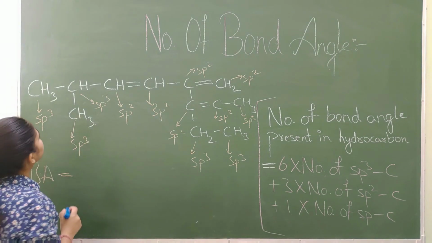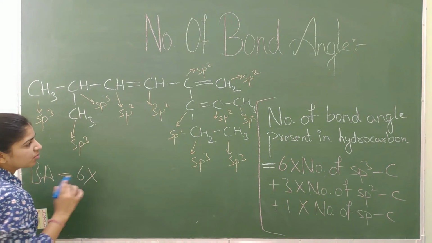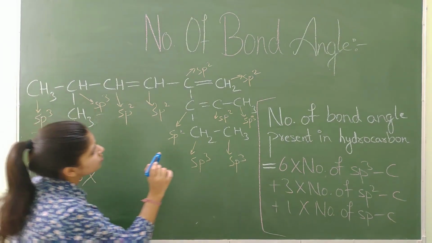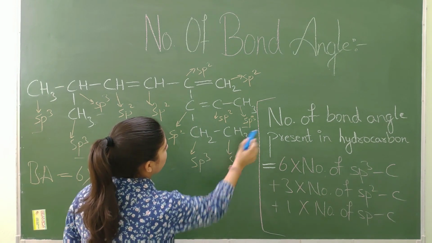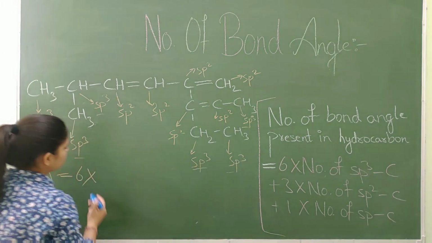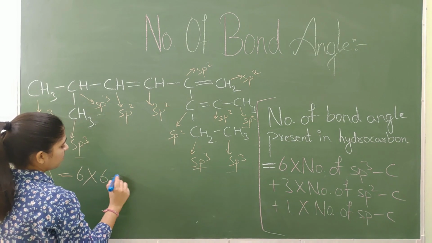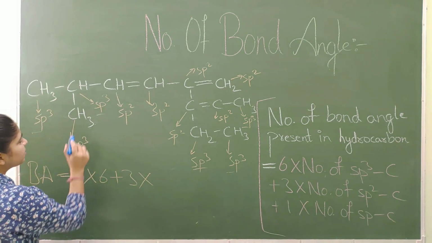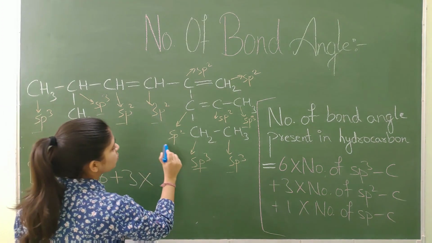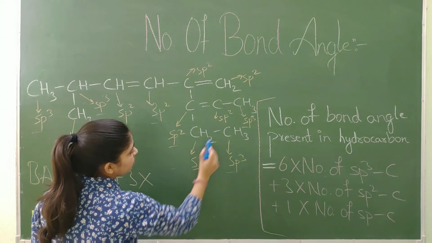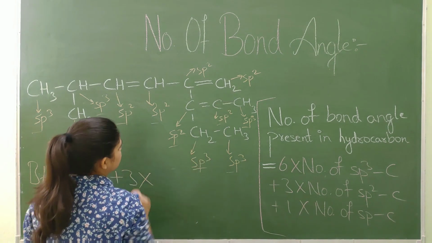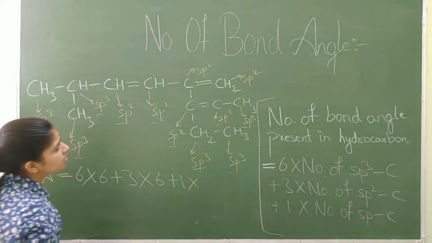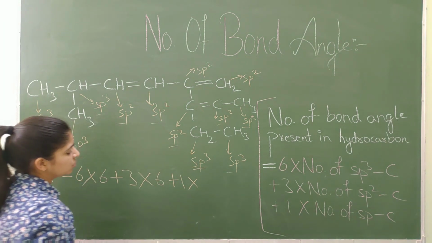So the number of bond angles equals 6 into total number of sp3 carbon, 1, 2, 3, 4, 5, 6, so 6 into 6, plus 3 into number of sp2 carbon, 1, 2, 3, 4, 5, 6, plus 1 into number of sp carbon. sp carbon is 0.